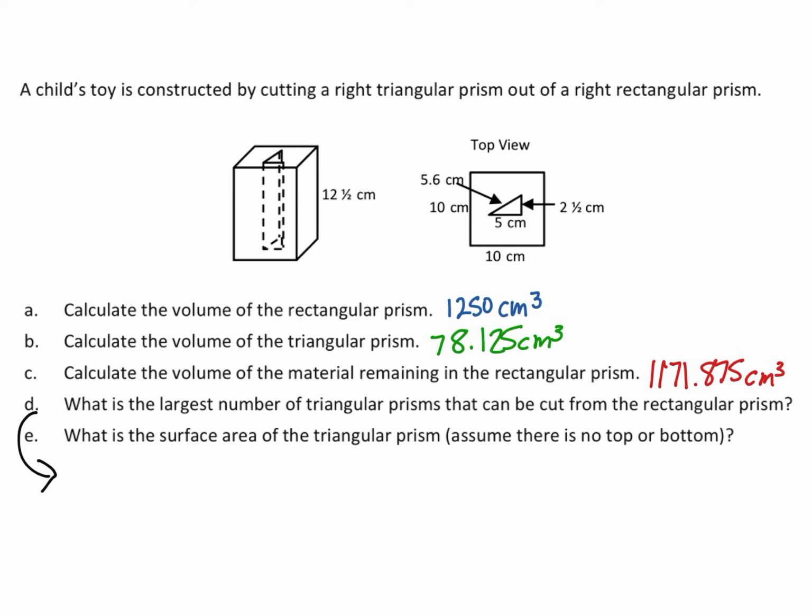And so we're just going to divide. We'll take the rectangular prism's volume and divide it by the triangular prism's volume to tell us how many equal pieces we can fit inside. And so if you were to calculate that out, it comes out to 16 triangular prisms.